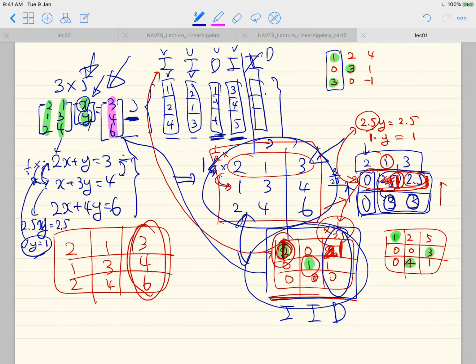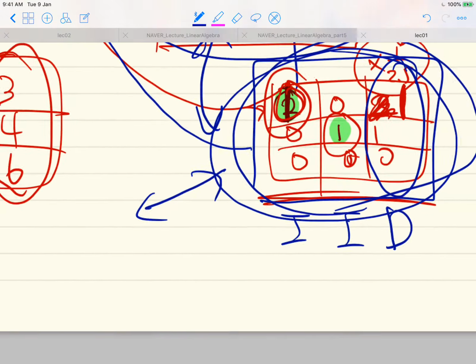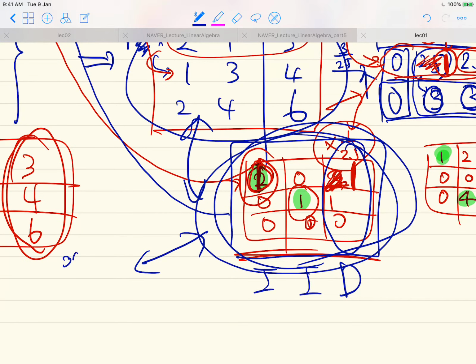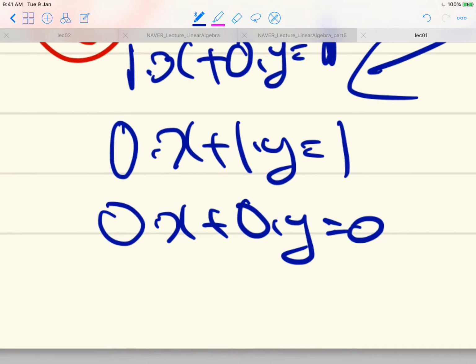And this matrix and its corresponding linear system is 1 times x plus 0 times y equals 1, and 0 times x plus 1 times y equals 1, and 0 times x plus 0 times y equals 0, right?